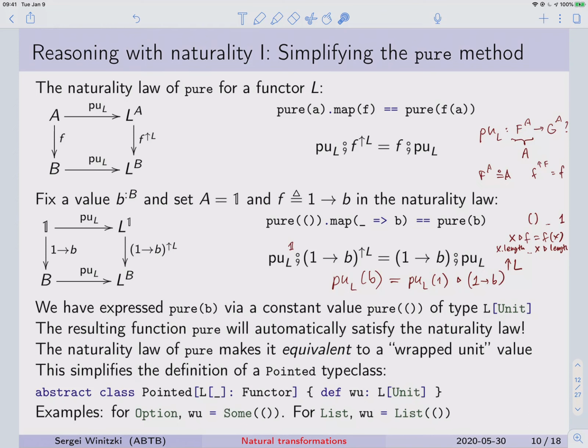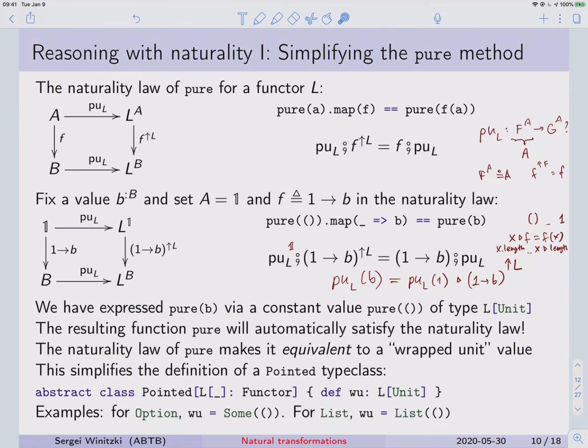So in other words, given any value of this type, which is a type of L of unit, we can lift it with this and we restore the entire function pure. So the entire function pure is restored from a single constant value of this type.